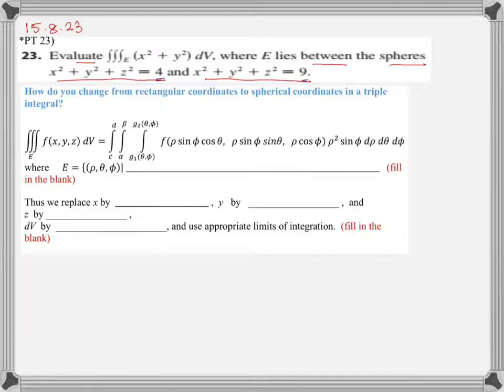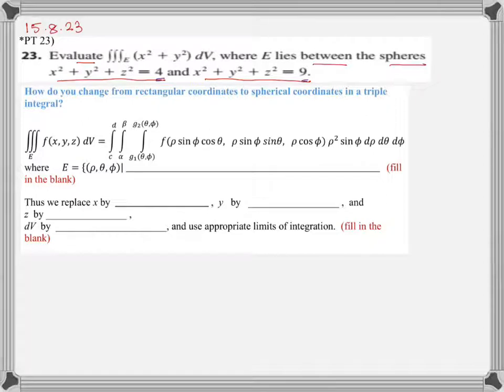The triple integral over E of f(x, y, z) dV equals the integral from c to d, the integral from alpha to beta, the integral from g1(theta, phi) to g2(theta, phi). So the first limits are for phi, the second limits are for theta, and the innermost is for rho.